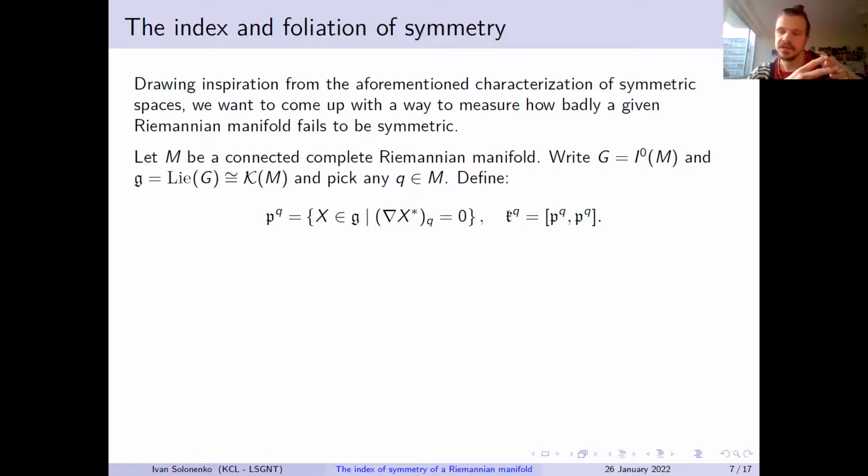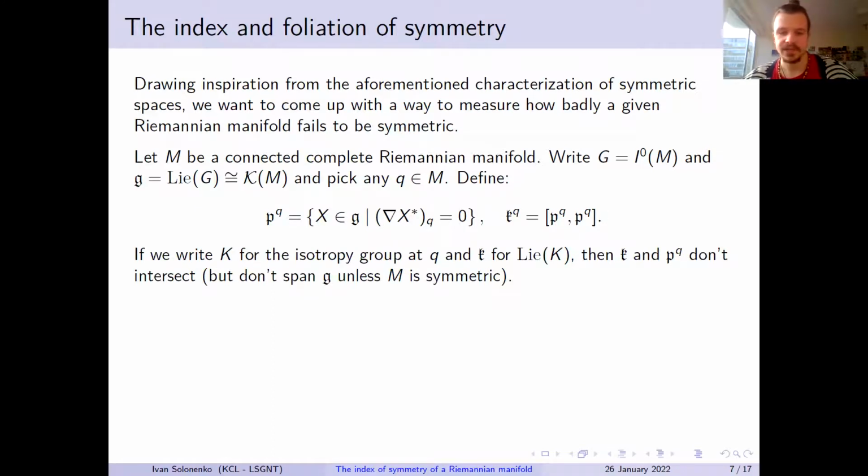So we'll see in a second that this is not the whole isotropy Lie subalgebra at q, but something smaller in general. It's not essential, I think, but we just don't need the remaining part of the isotropy Lie algebra at q. So we will only be using this Lie bracket of P_q with itself.